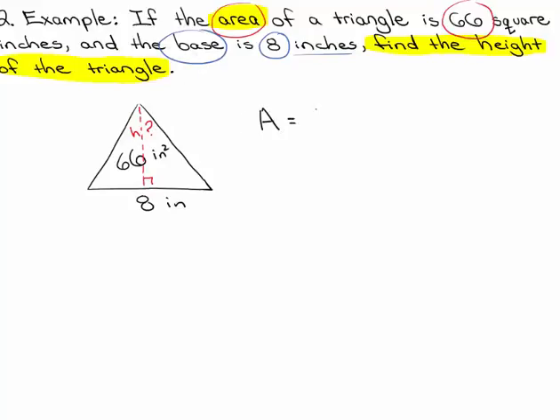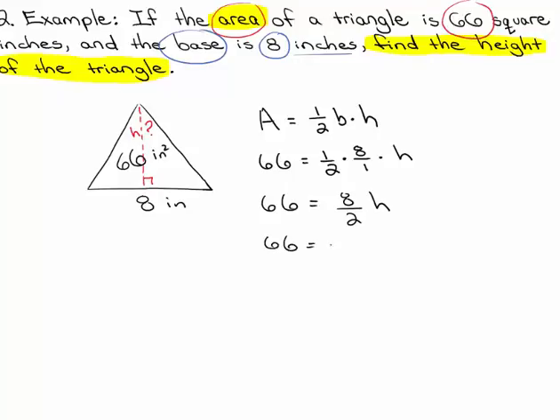Area is equal to 1/2 base times height. I'm going to plug in everything I know. Times 8 and times h. So this is going to give us 66 is equal to 8/2 h. But 8/2 is just the same thing as a 4.